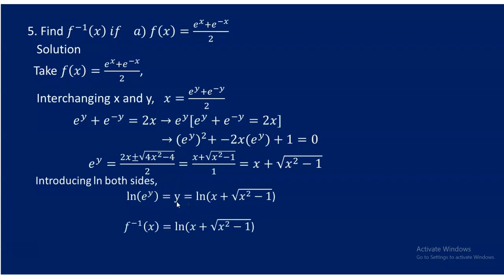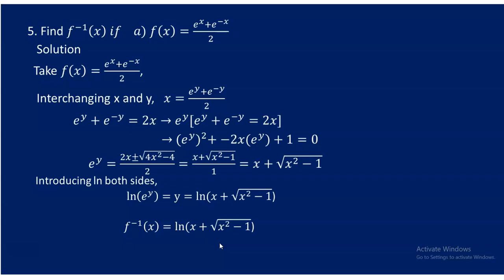Thus f inverse of x is ln of x plus the square root of x squared minus 1. So one can say that the inverse of this hyperbolic function, the cosine hyperbolic function, is ln of x plus the square root of x squared minus 1. So what has been taken by f is returned by this inverse function as ln of x plus the square root of x squared minus 1.